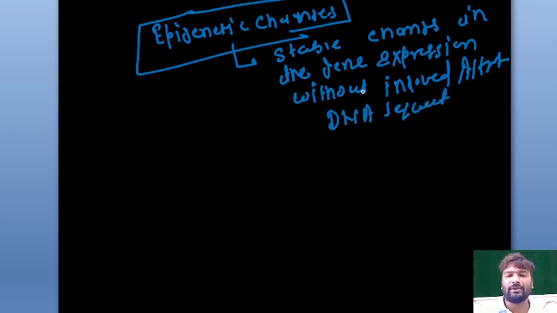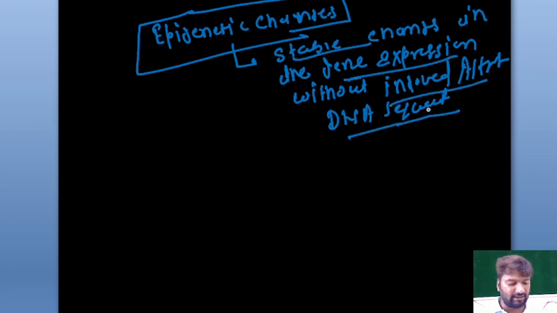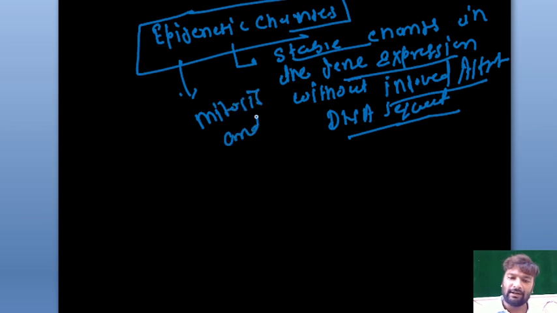So they are the permanent or stable change in the gene expression without involving a change in the DNA sequence. Means these cells go through mitosis and meiosis.